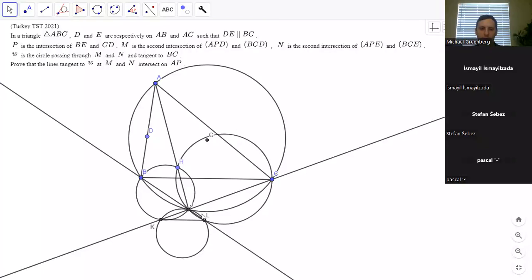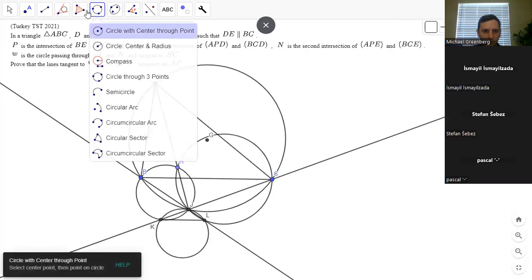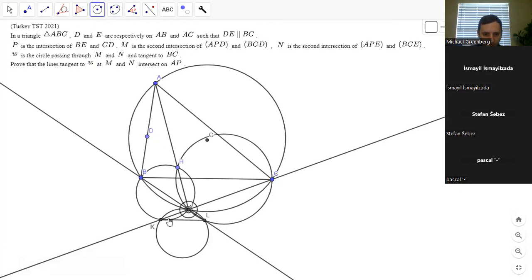So yeah, we could consider an inversion about J. I'm trying to think. Let's say we define it like this. If possible, I think we could do it in one step.